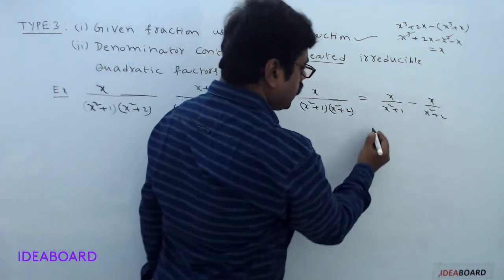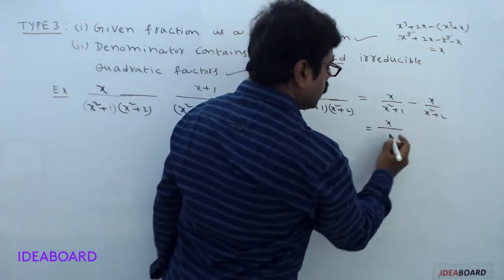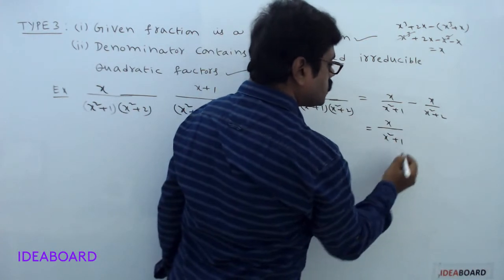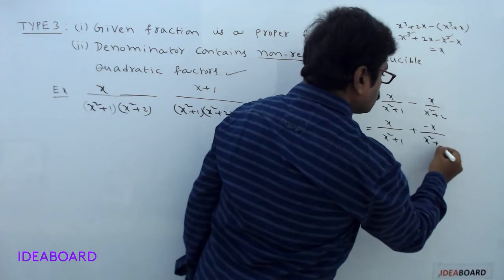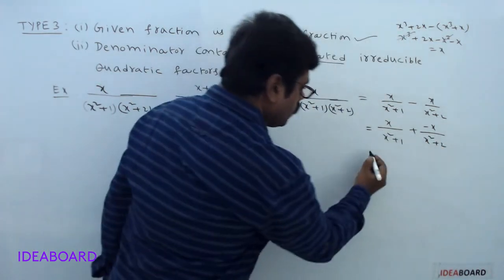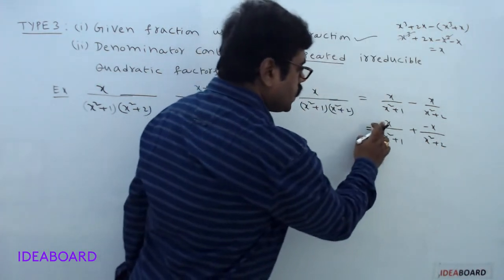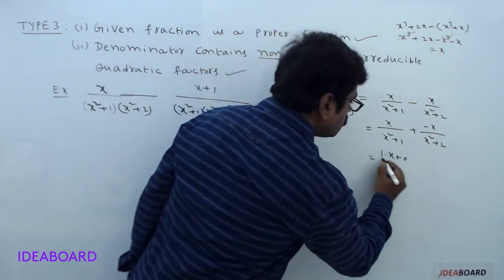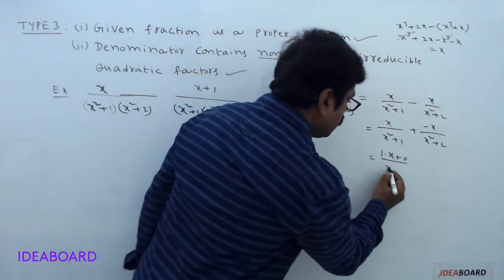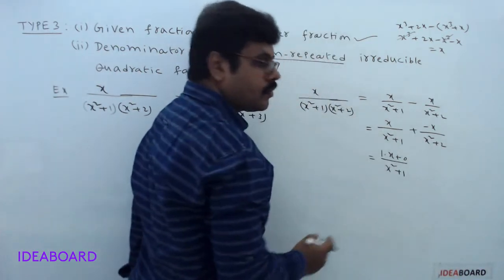This can also be taken as x divided by x square plus 1 plus minus x divided by x square plus 2. Now, this x can also be written as (1 into x plus 0) divided by x square plus 1.